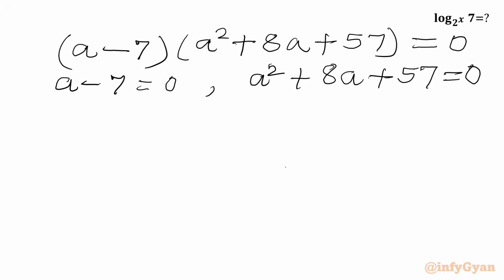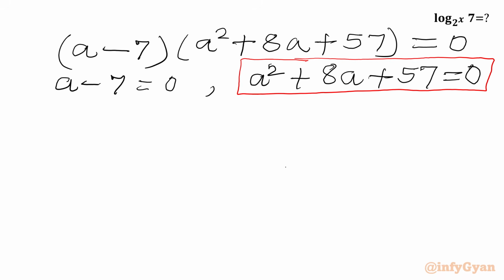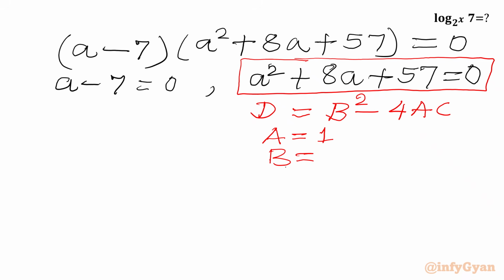Now we will solve second equation first, quadratic equation. Here we will find discriminant of the equation. As per formula, discriminant d is equal to b square minus 4 times ac. As per equation, capital A is coefficient of small a square 1, b is coefficient of small a 8, c is constant 57.